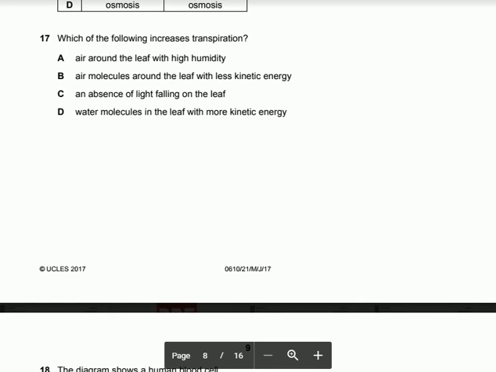They just come and kick them out and let the molecules go into the air and transpire. Okay, I just invented that. That's not a word, okay, guys? Don't write that in your exams. So it's definitely not C. D, water molecules in the leaf with more kinetic energy. The opposite of B, so more kicking out. Exactly. More transpiration in D.